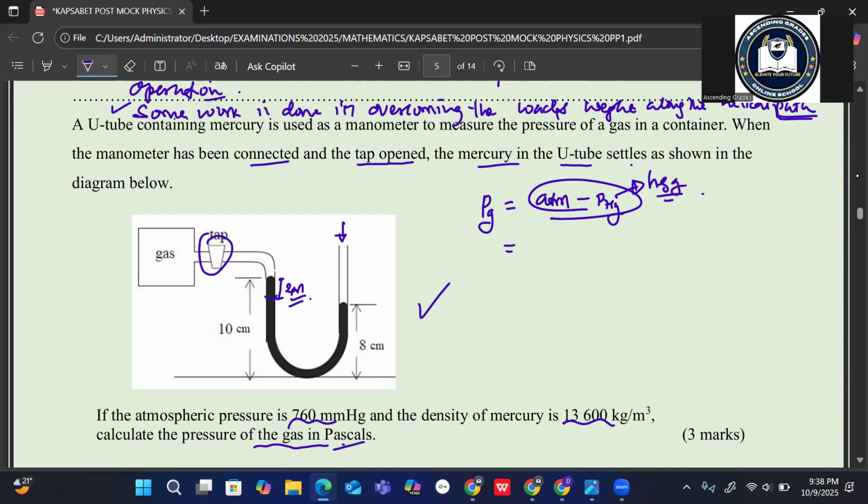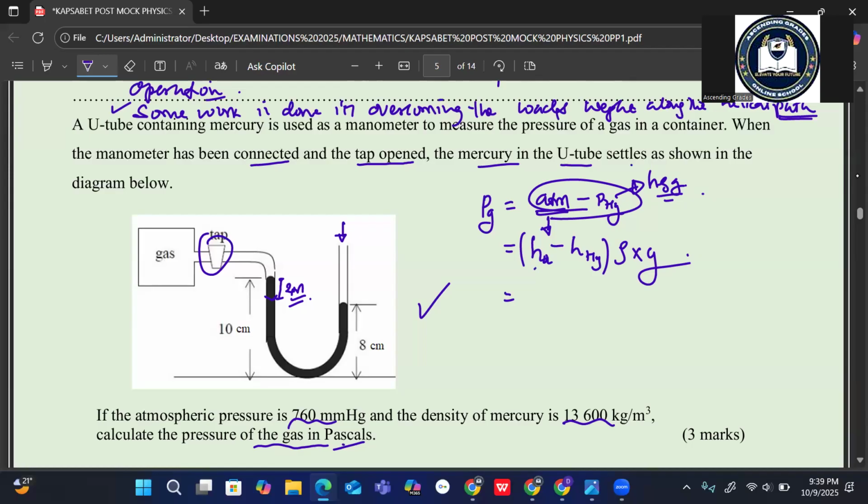But since atmospheric pressure is given in terms of millimeters of mercury, this will be as a result of the height of the atmospheric column minus the height of the mercury, then you multiply by the density times g.